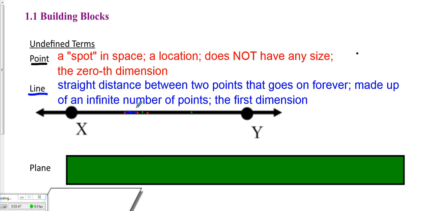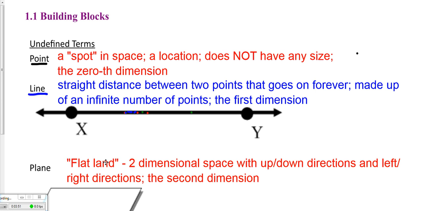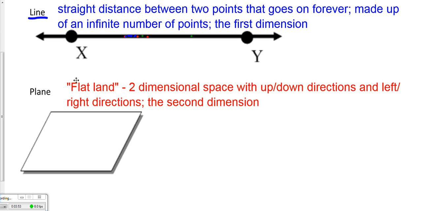Now, if you have a bunch of these lines together, they would make what's called a plane. A plane, you can basically think of as just flat land. It is a 2-dimensional space that has both up and down directions and left and right directions. The easiest thing to think about is a flat piece of paper. So this kind of looks like a plane here.